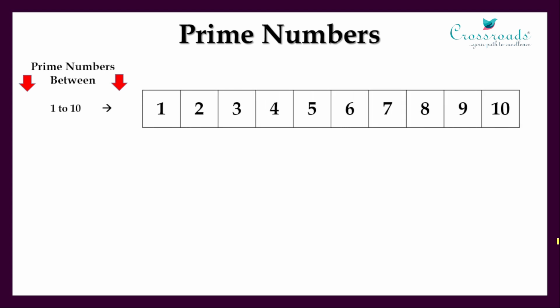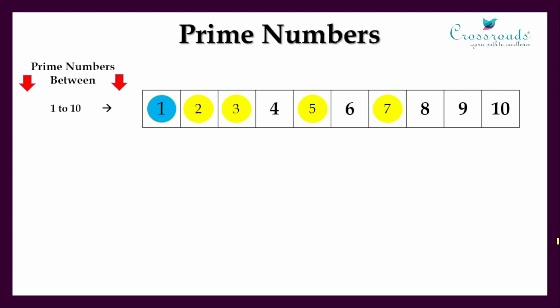Now to find out the prime numbers between 1 to 10, let's just see. As already seen, 1 is a unique number. It's neither prime, nor is it composite. 2, 3, 5 and 7 are the prime numbers between 1 and 10.